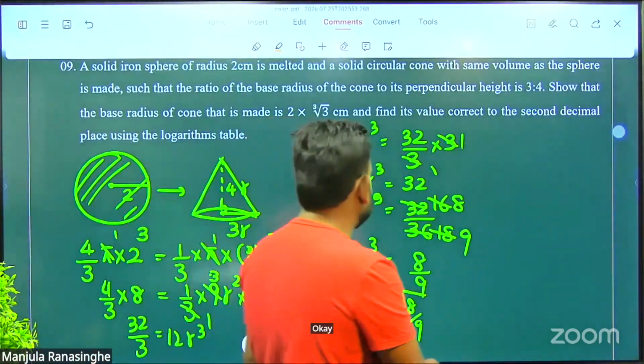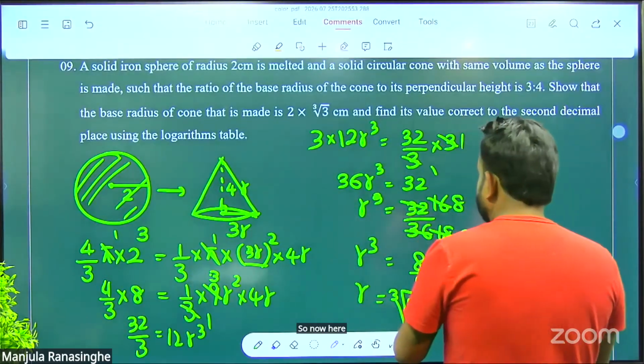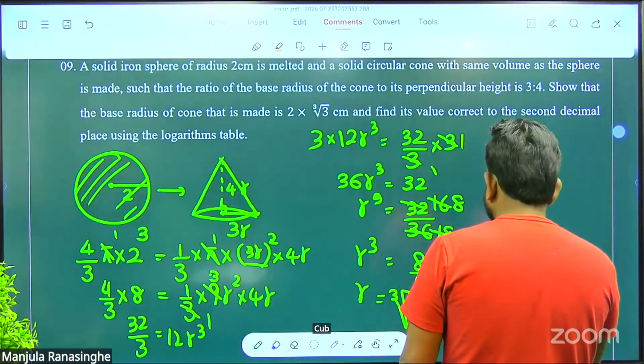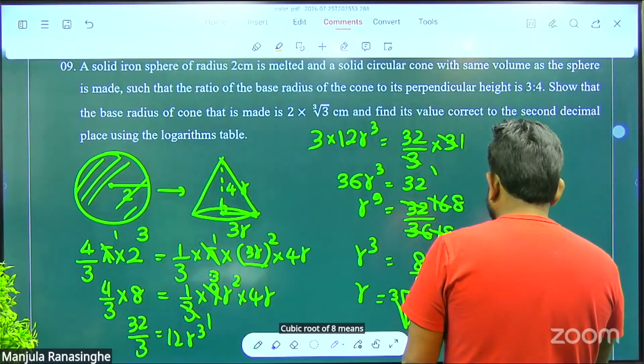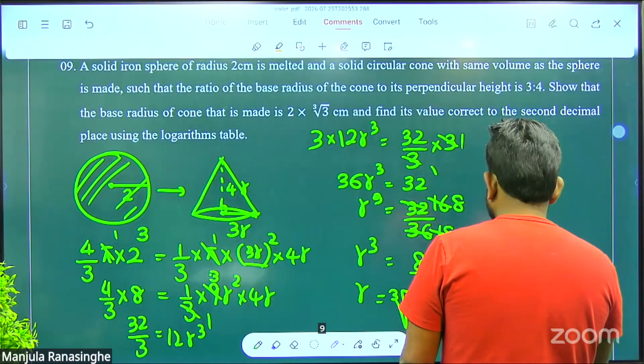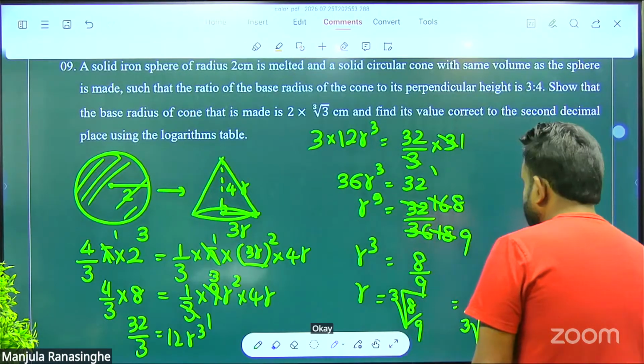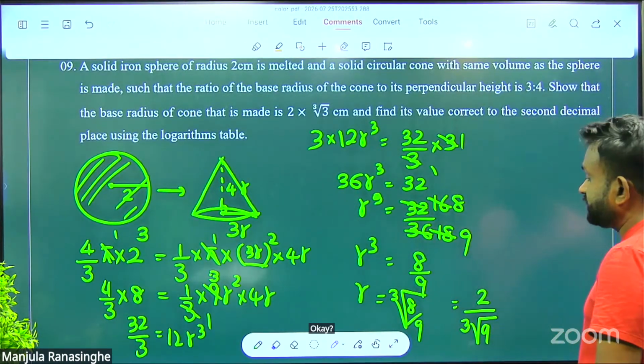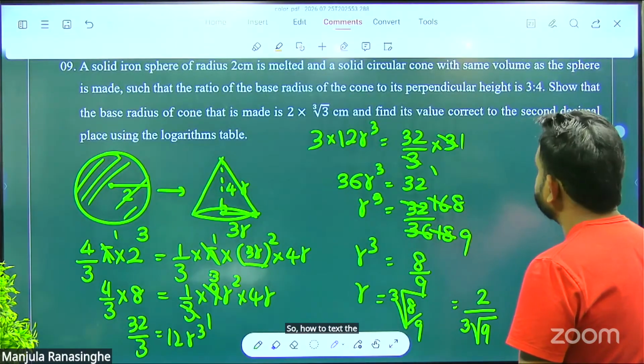So now the cubic root of 8 is 2, over the cubic root of 9. How to take the cubic root of 9?